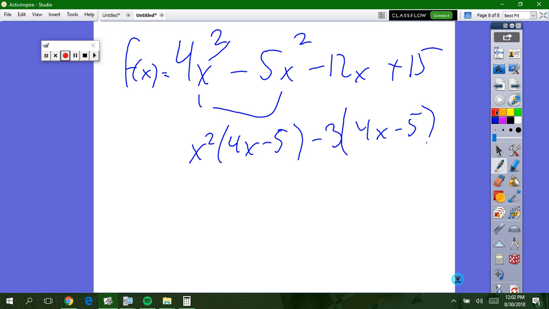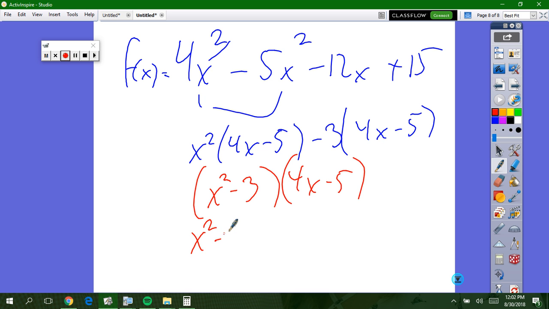And then notice I have... thank you, by the way. What are my zeros? Well, plus or minus square root of 3, right? Because I set him equal to 0 to figure it out.